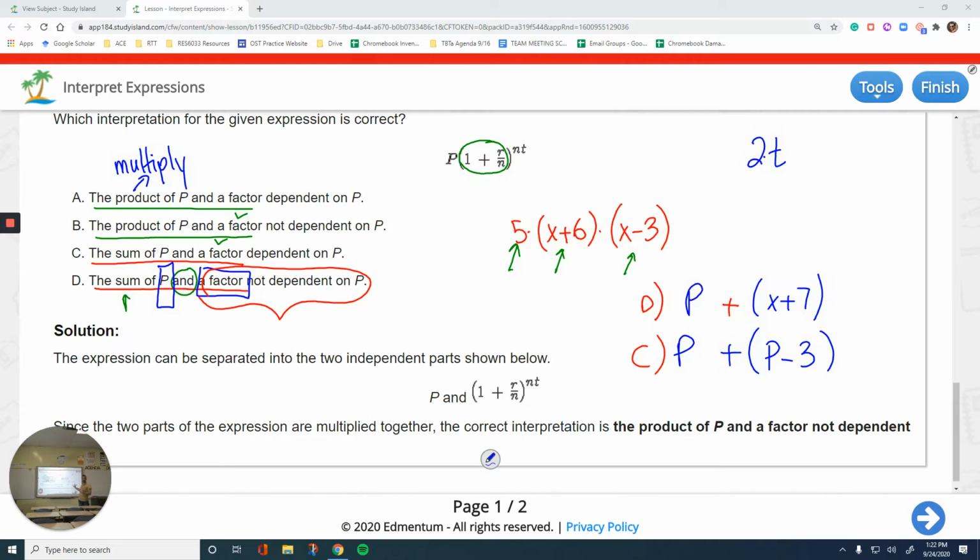It should have something to do with P. That's what dependent on P means. So that's why C and D are wrong: it says the sum of P and another thing, but we have the product of P and a factor. So these two are gone.